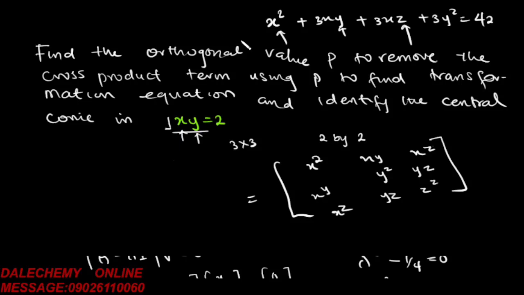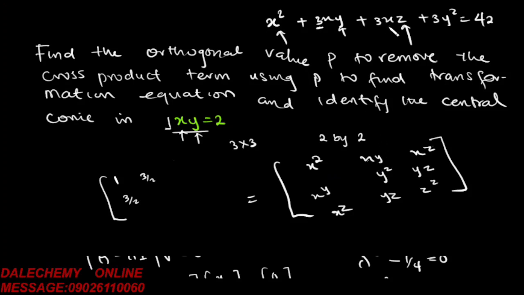For x squared, the coefficient is 1, so we put 1 for x squared here. For xy, we have 2 of them. The coefficient of xy is 3, so you split it between the two: this one we have 3 over 2, this one too we have 3 over 2. Don't forget, it's for these two xy.